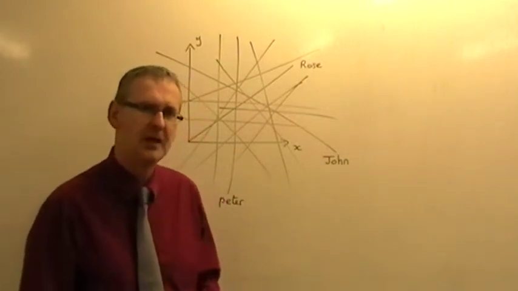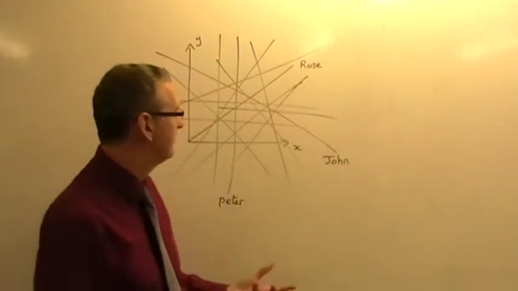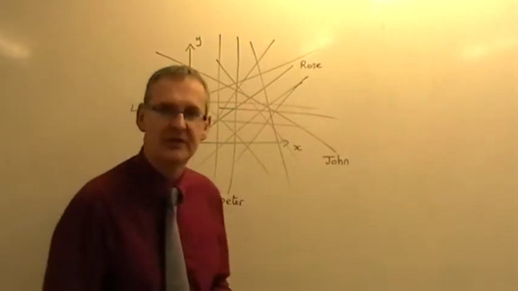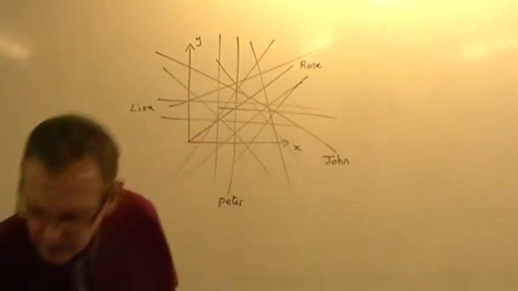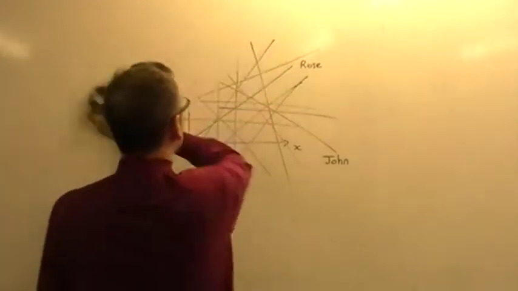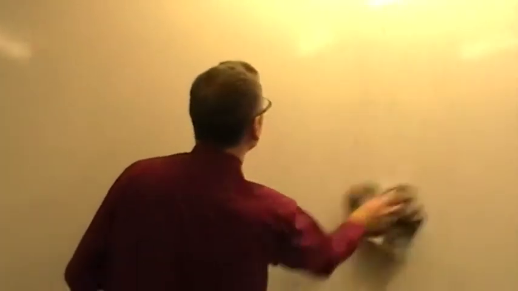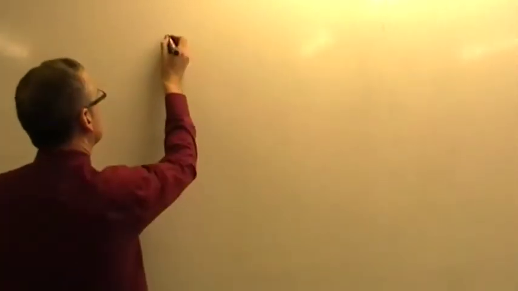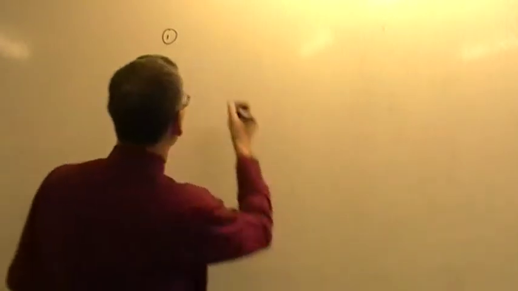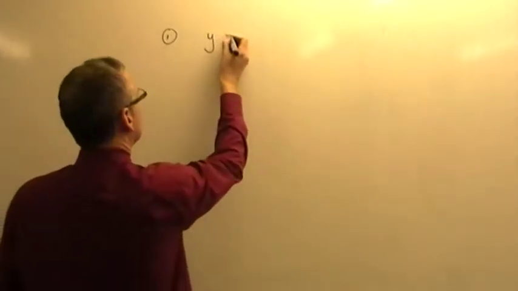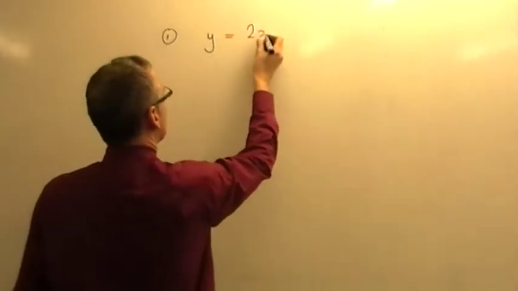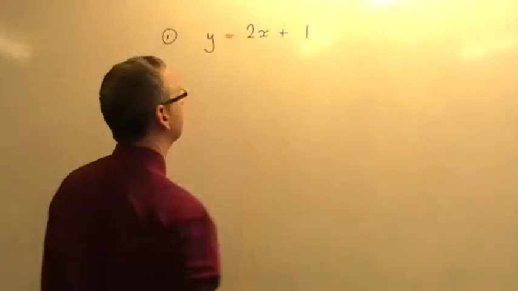So for example, let me show you with some very simple examples how this works. Okay, if I look at question number 1, I'm going to give you a mathematical name of a straight line. Okay, and the first straight line that I'm going to give you is y equals 2x plus 1.